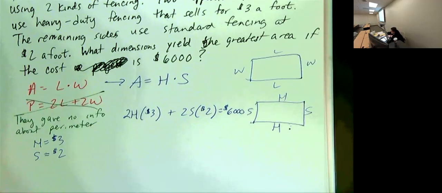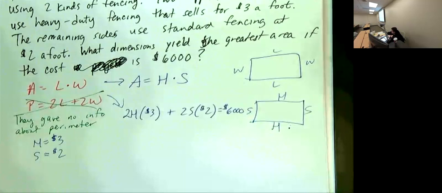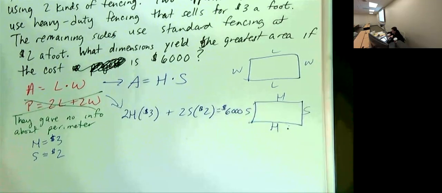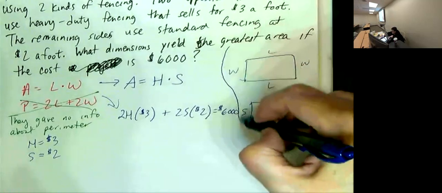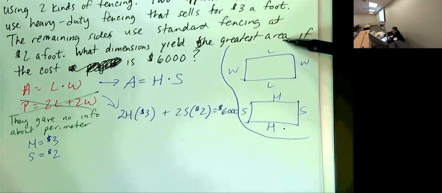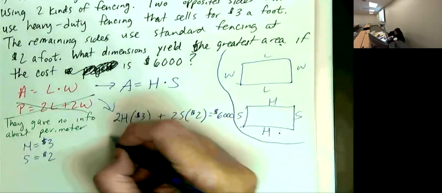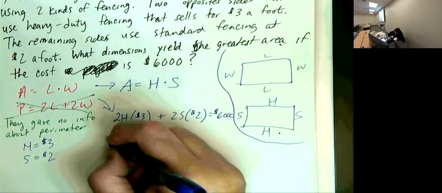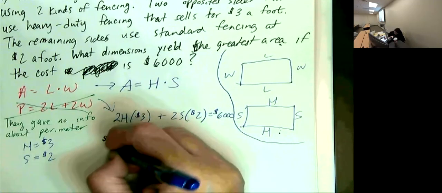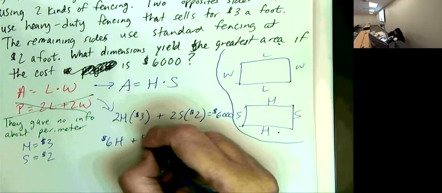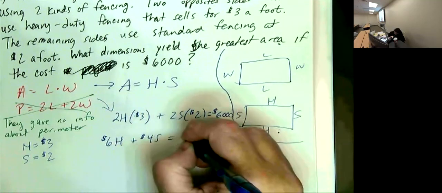So perimeter sneaks in a different manner. I guess we did need that. I guess I didn't need to cross it off. We wouldn't really need the area, and that's what we're looking for. We're looking for the greatest area. So if I clean this up a little bit, I've got 6H plus 4S equals 6,000.